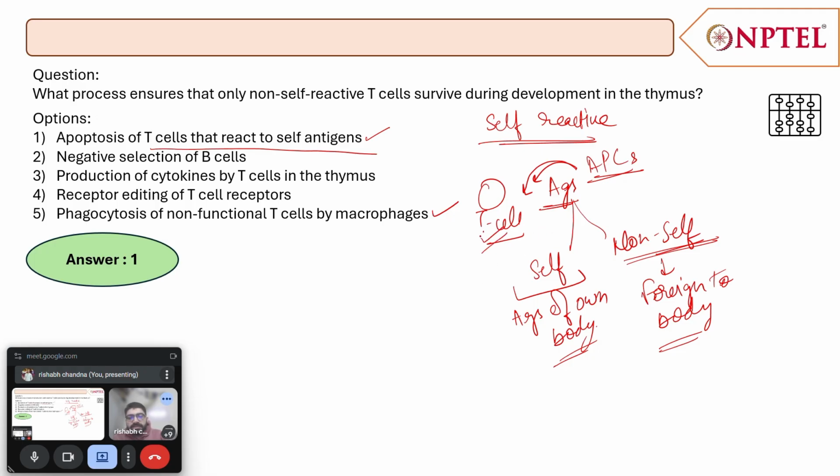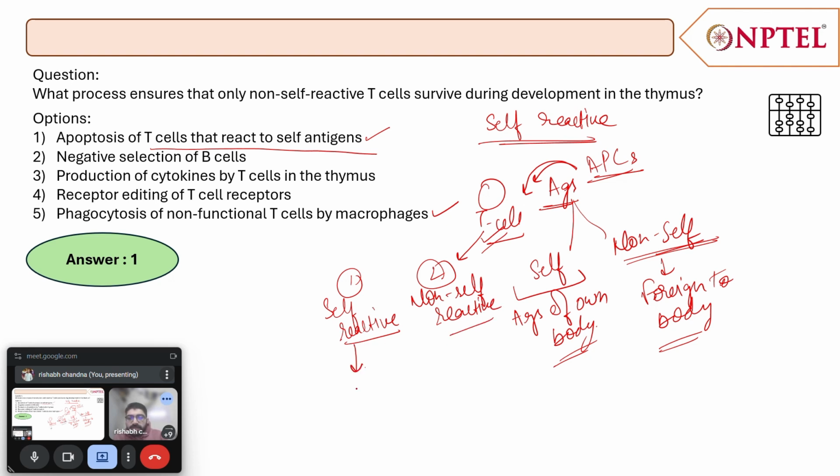Now, these T cells will be of two types. First will be self reactive, that means against these self antigens, and the second one would be non self reactive, against the foreign antigens.